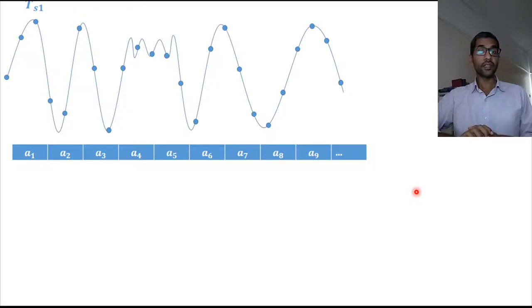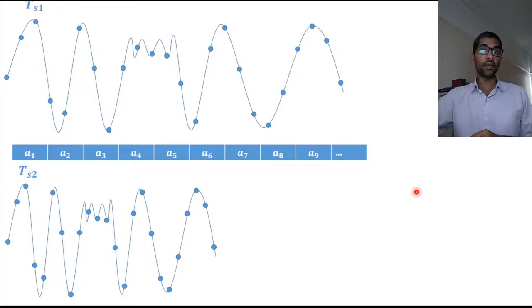Now consider the sampling of another signal which has the same shape, but it is compressed in time. Okay, and even though it's compressed in time, we can have the same samples, exactly the same values as we had here, if we use a different sampling time, which is divided by the same factor by which the time is compressed here, right?